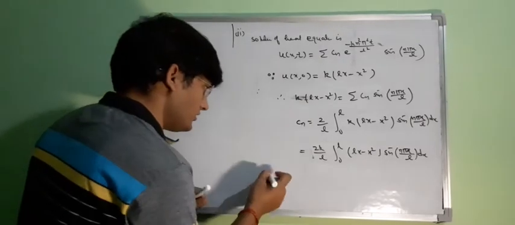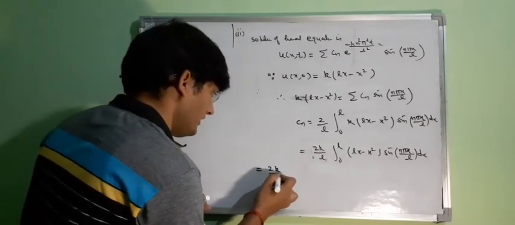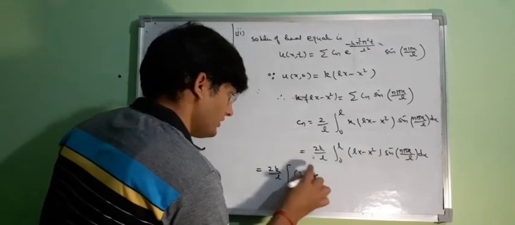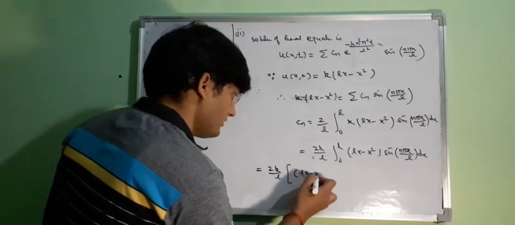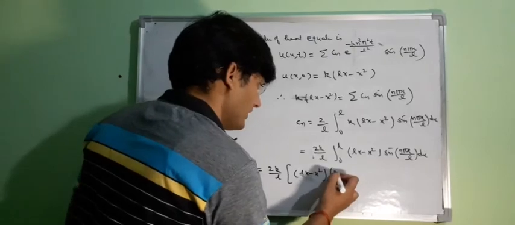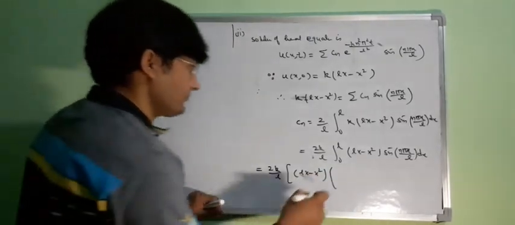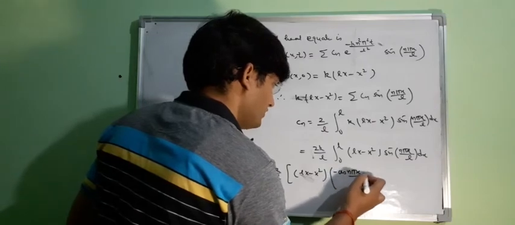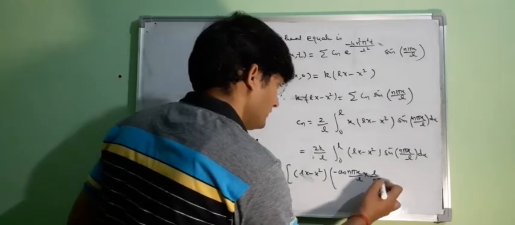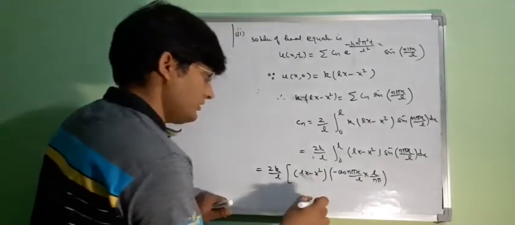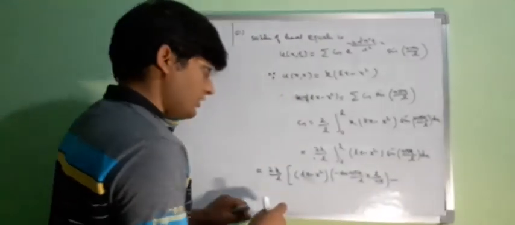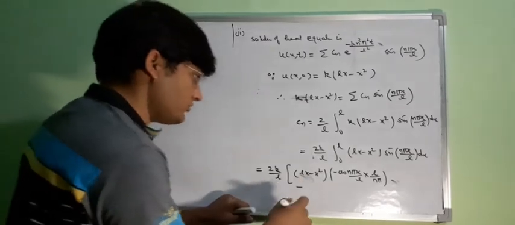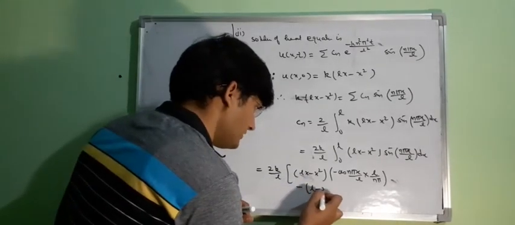So this is equal to 2k upon L, then this will be your (Lx minus x square), integration of sine will be minus cos n pi x upon L into L upon n pi, then we will have minus (L minus 2x), the differentiation of this term.